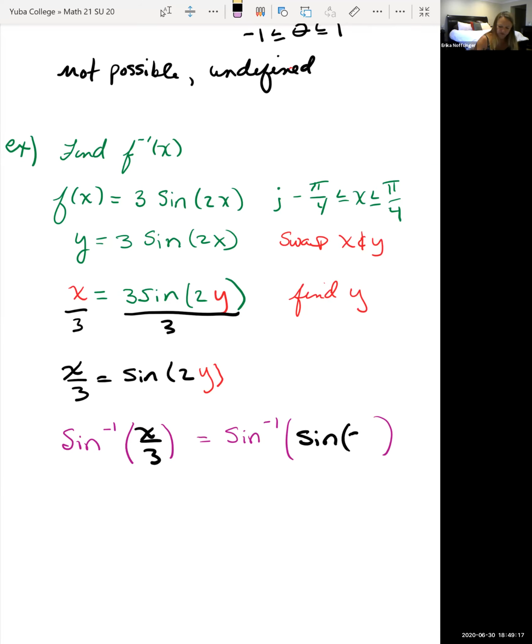Okay, so sine of sine inverse or sine inverse of sine, that just gets rid of each other and gives you the argument. And so on this one side, we get back just 2y.